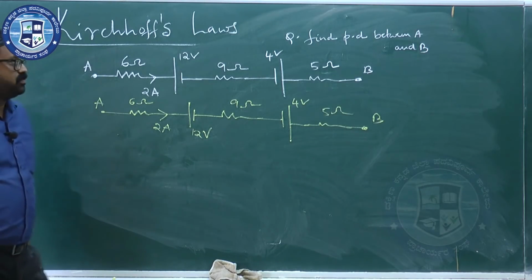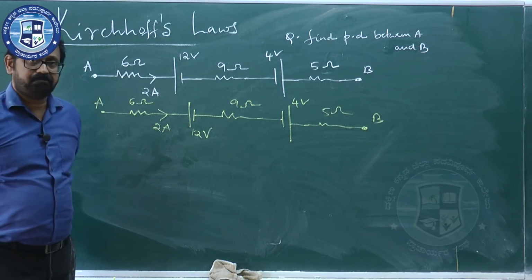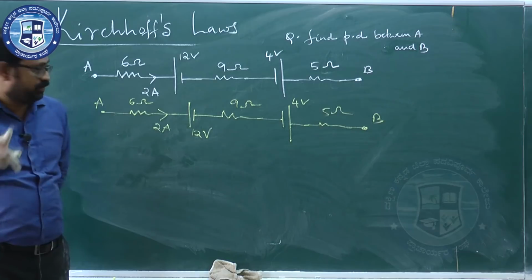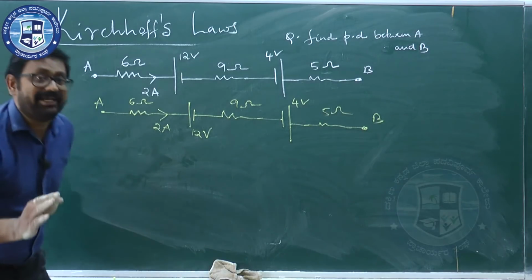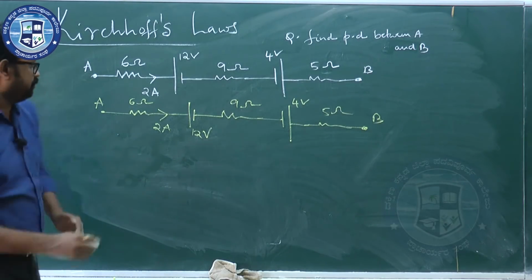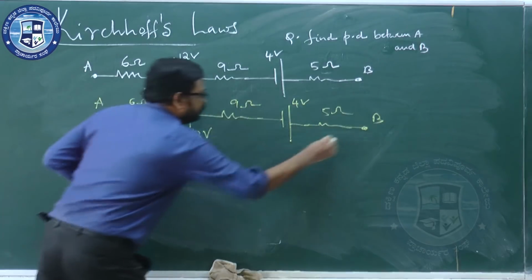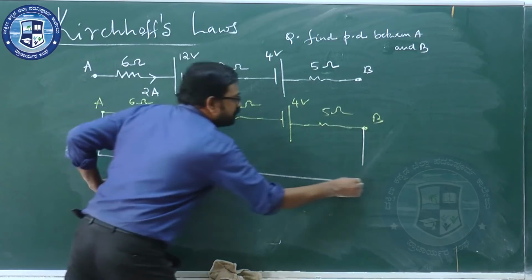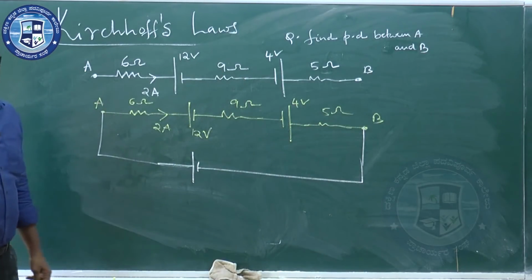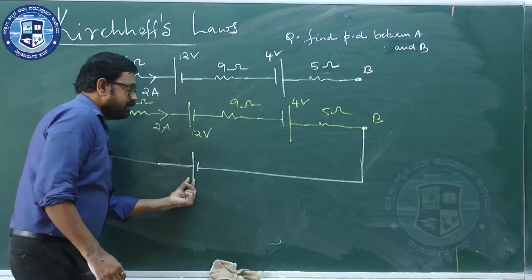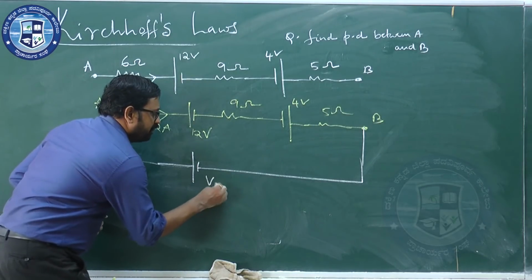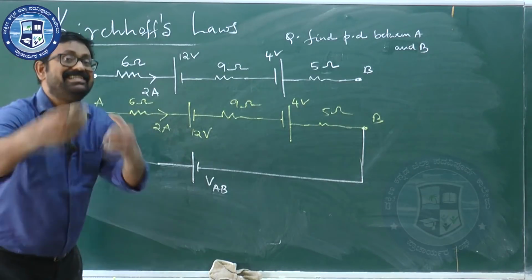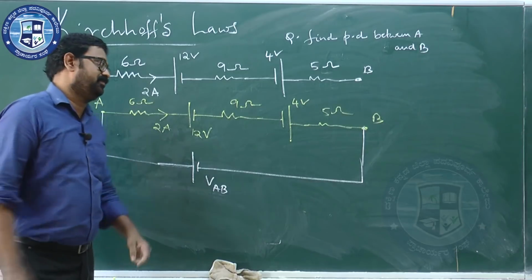First question in your mind is, KVL is applied to a closed path. I said we'll close the path. What you need to do is, you have to connect one imaginary battery between A and B. This battery has an EMF, let us say its EMF is V suffix AB, having a negligible internal resistance.